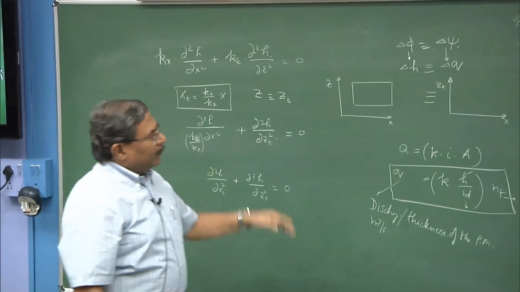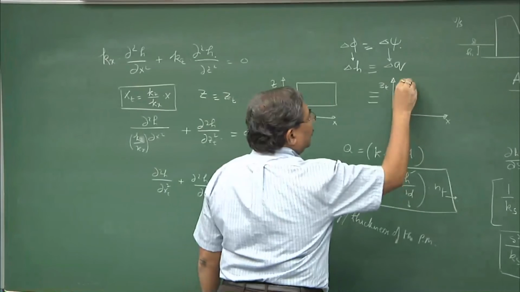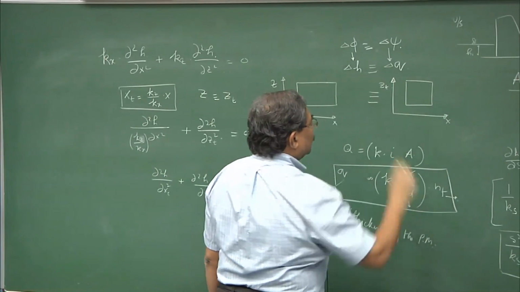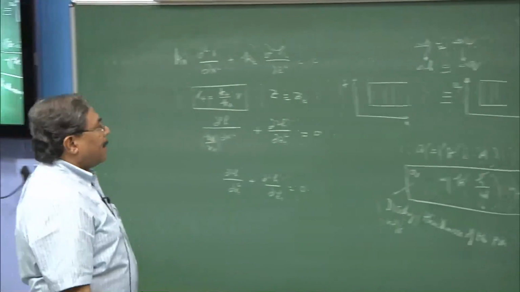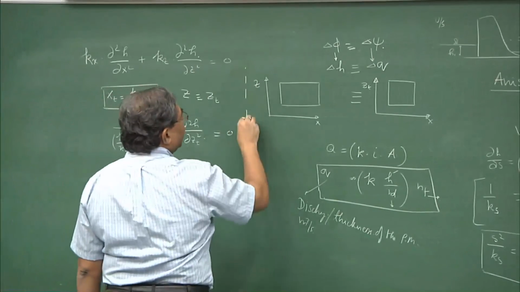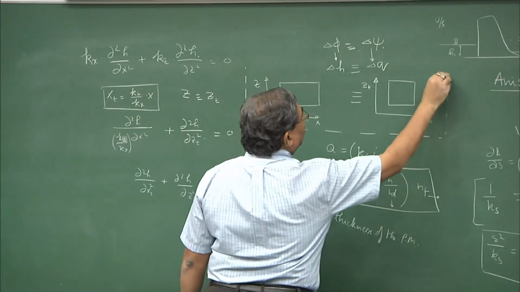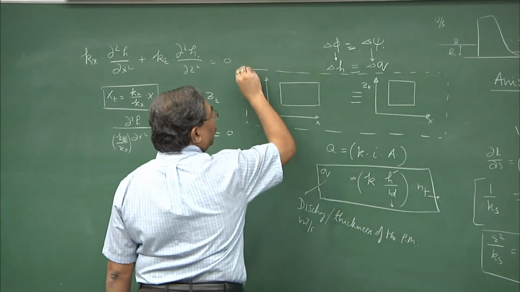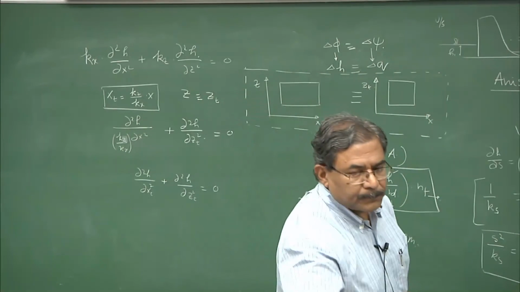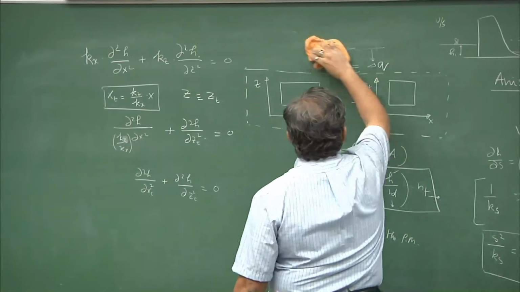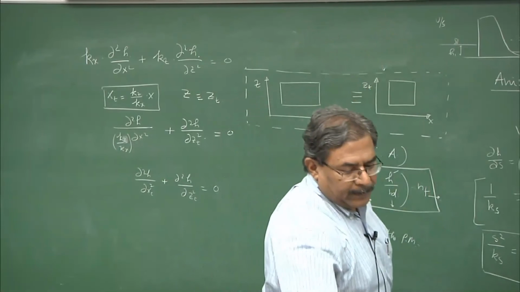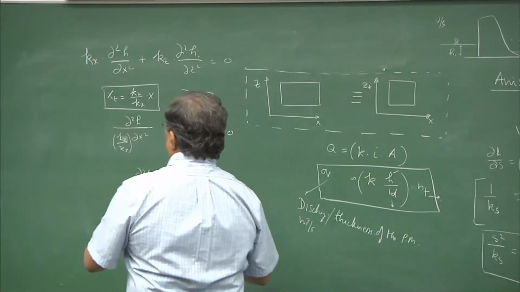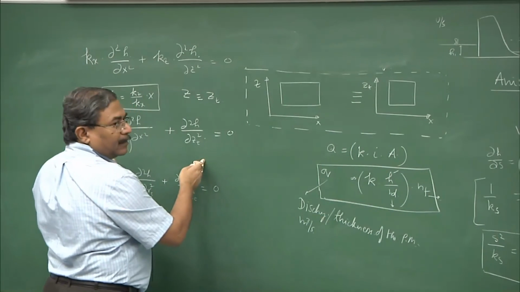Now, the moment I transform it over here, what is going to happen? This is going to be a square. Is this fine? Now, this type of transformation is used normally to deal with the anisotropic situation.